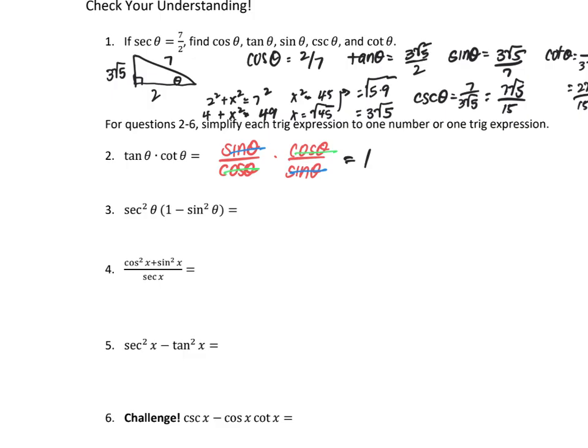And I want you to keep track of the different strategies we use. Here's our first one for simplifying trig expressions. We're going to rewrite everything in terms of sine and cosine.